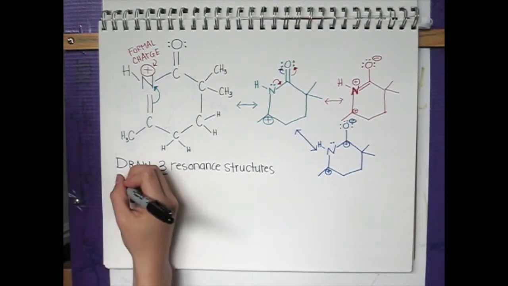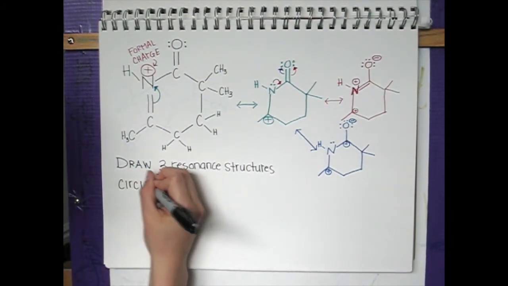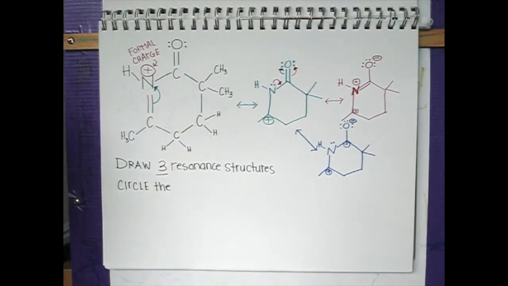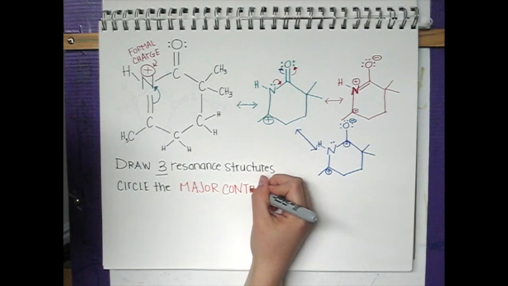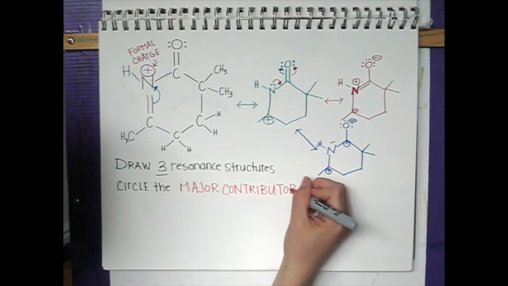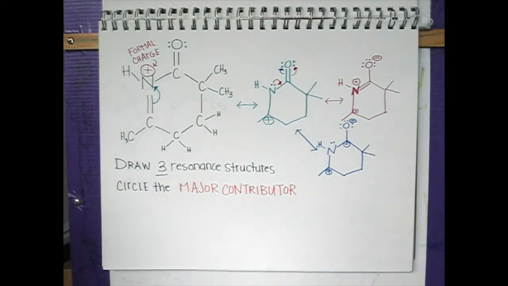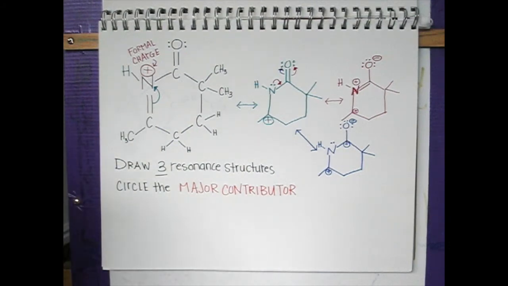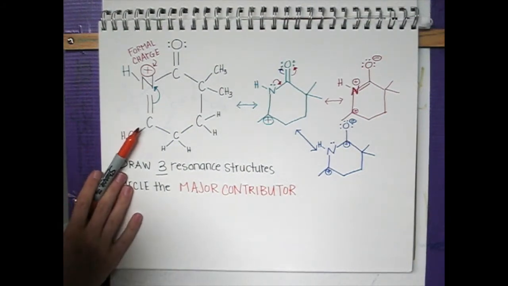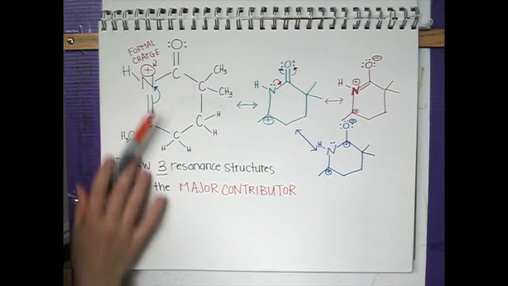Now that we have 3 resonance structures, we are going to circle the major contributor to our resonance hybrid using the criteria given at the beginning of this video. So the first criteria is to have a full octet. That all atoms have a full octet or have all the bonds they need to have 8 electrons around them.